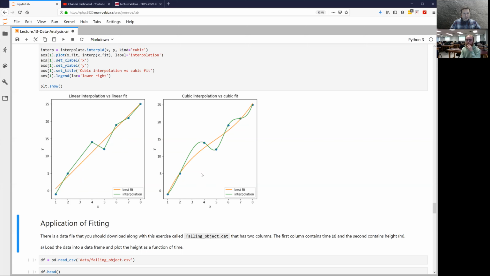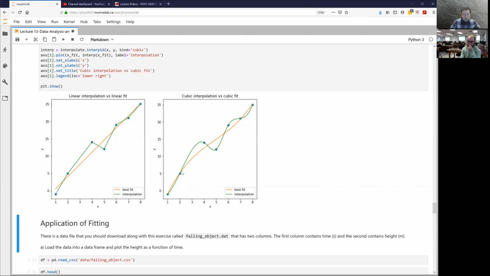A cubic interpolation is the best cubic function that goes through every 4 points in a sequence. If I give you 4 points in a sequence, this cubic is uniquely set by those 4 points.